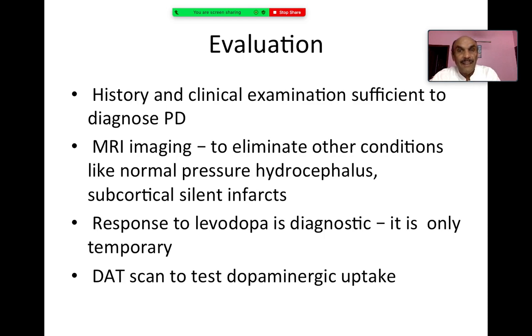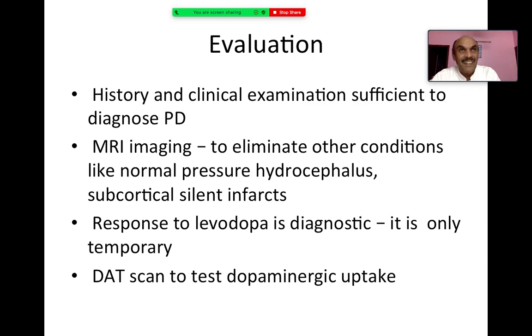Ultimately, response to levodopa is diagnostic. When you give small doses of levodopa to patients with suspected Parkinson disease, if there is a response within a week or 10 days, that is diagnostic.